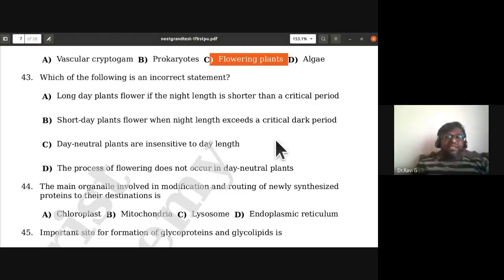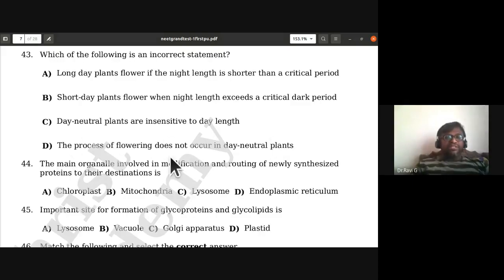Day neutral plants are insensitive to day length. The process of flowering does not occur in day neutral plants. So D is the incorrect statement. 43rd, D is the incorrect statement. Flowering does occur in day neutral plants also, but they are not dependent on light. So D is the incorrect statement.